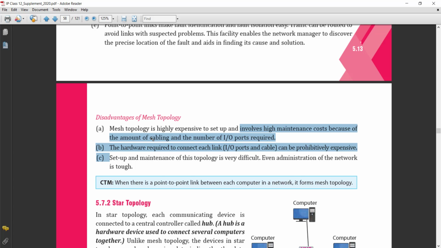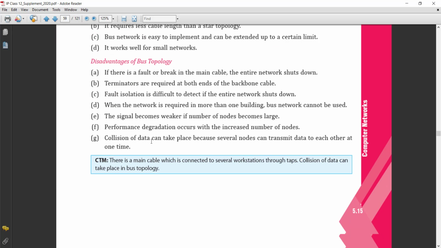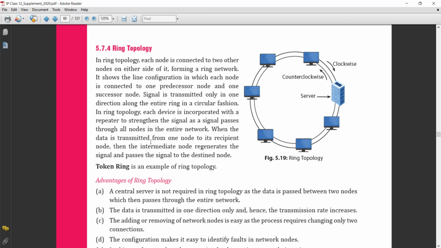So these are the disadvantages of mesh topology. Okay students, we already completed the star topology and bus. Now we understand the ring topology. What is the ring? With this figure, you can see the formation of the ring topology. That's why its name is ring topology. One computer is connected with another, and each computer has two neighbors.